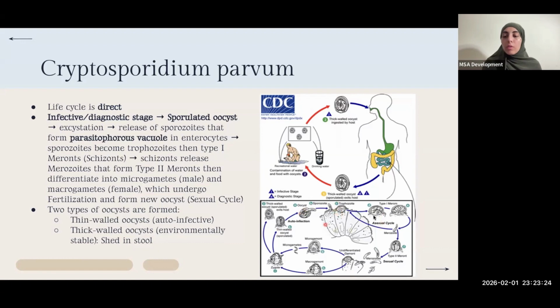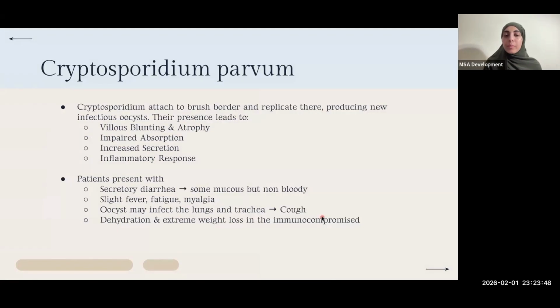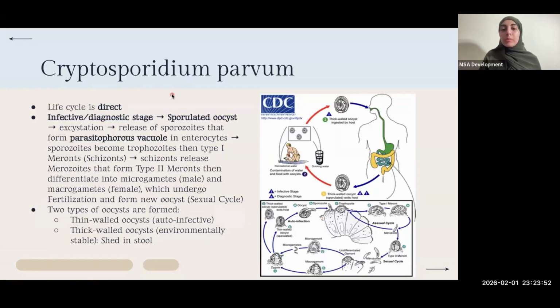Goes in, you get all of this, and then you go back to the formation of new oocysts that can either reinfect this person or be released in stool and infect other people. Okay? And remember, when the oocyst releases sporozoites, the sporozoites can form something called parasitophorus vacuole in the enterocyte. So this was the life cycle of Cryptosporidium. Okay?